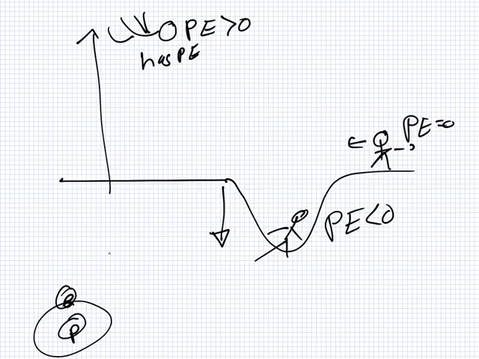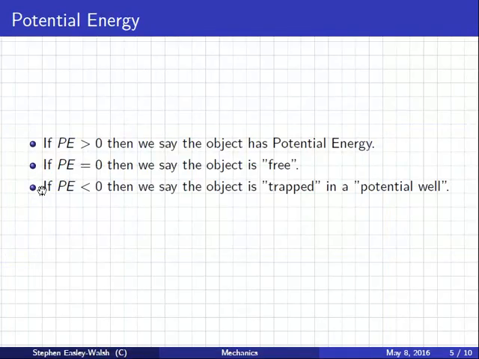So when the electron is trapped, you are able to say its potential energy is negative. It means that you must give it energy to be free. And when it's free, its potential energy is 0. Okay, so there's a little bit of vocabulary here I want you to note. Positive has energy, zero is free, negative is trapped.